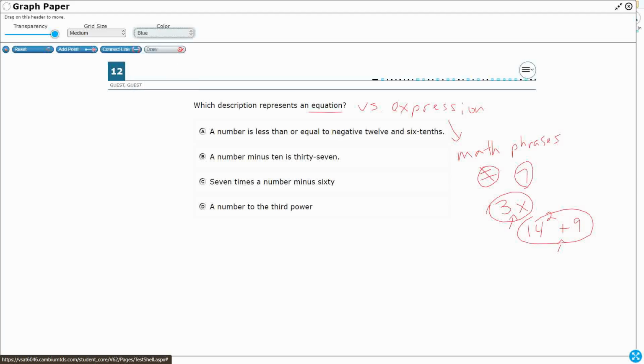An equation is going to be different because it includes the equal sign and it usually balances two expressions. So we have an expression and an expression over here, and it has that equal sign. That's what makes it an equation.